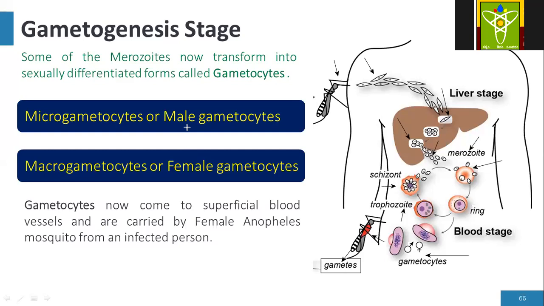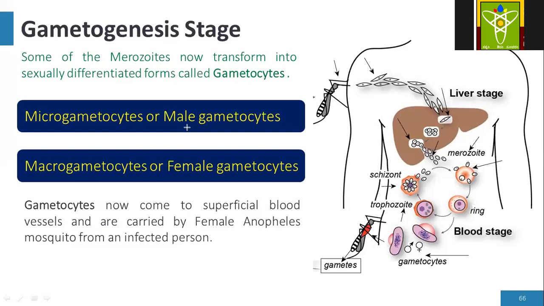Can you recall human reproduction? Spermatocytes will form the sperms. Correct? It's like that. So gametocytes are the cells which are formed now. But when they enter the female Anopheles mosquito, there they will form the gametes. So here we are still discussing a sexual process only.